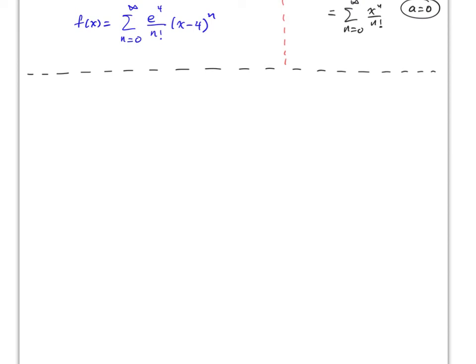Now, one thing that you have to be very careful to distinguish is the difference between a Taylor series, which is what we did so far, compared with a Taylor polynomial of degree n. Remember that a Taylor series keeps going forever, whereas a polynomial is a finite thing.